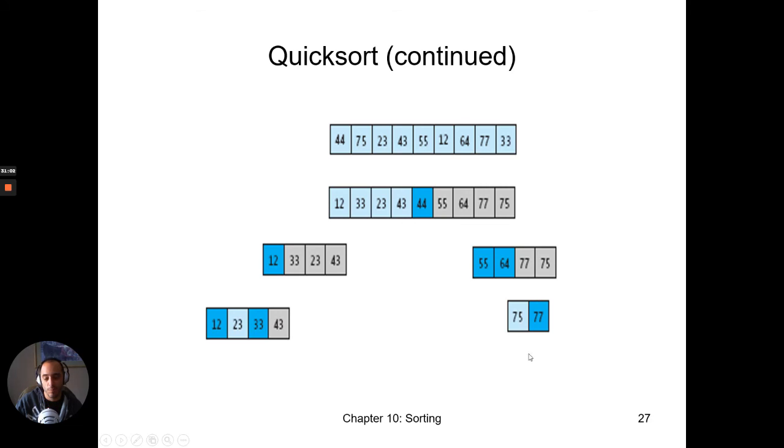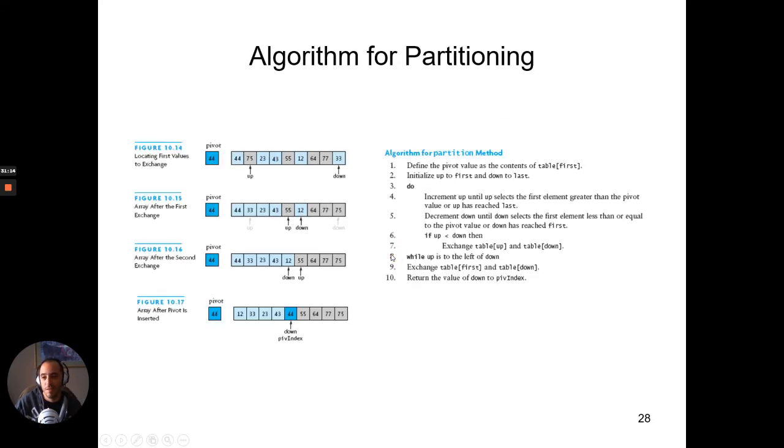And so when I want to bring this back into the sorted list, it's already in order. This automatically fits on this side of the pivot point, and this automatically fits on this side. It's a pretty sweet sorting algorithm. The tricky part is choosing how to find your pivot point, and then how to do that partitioning as you go through.